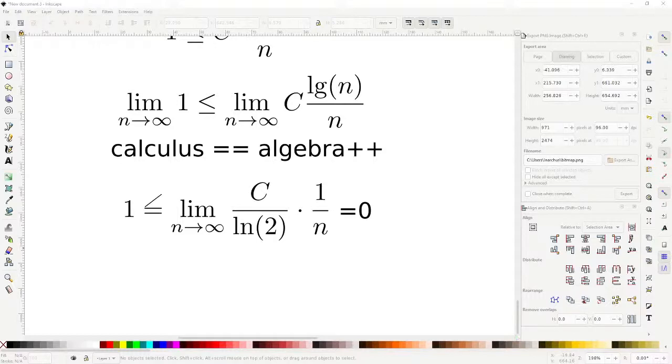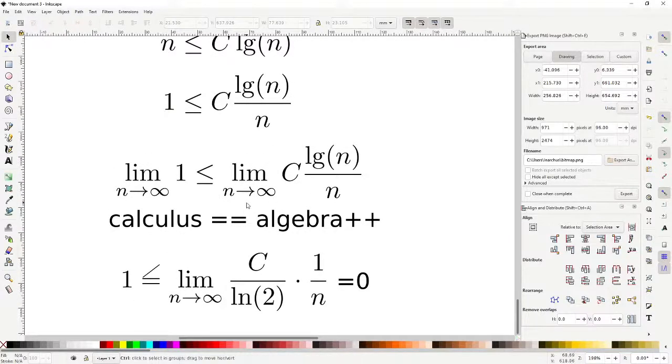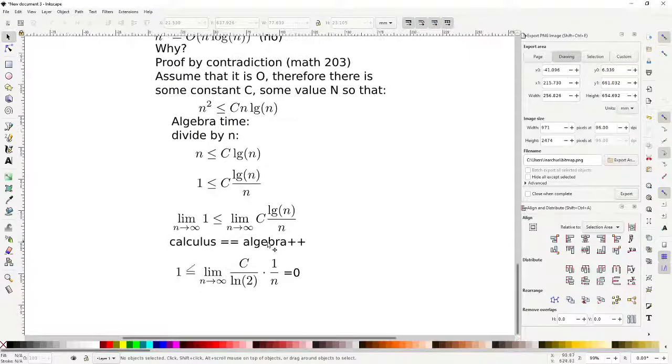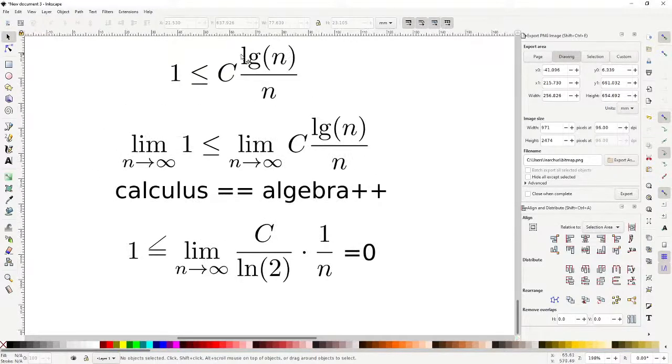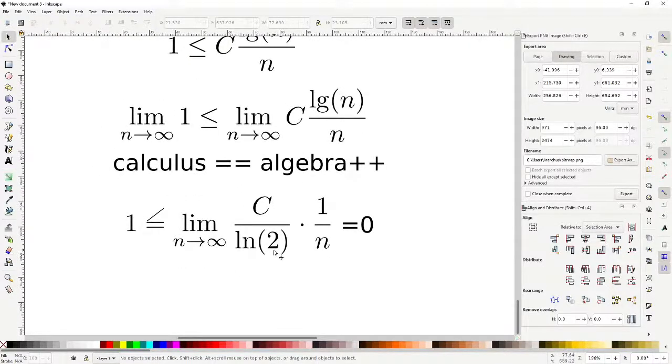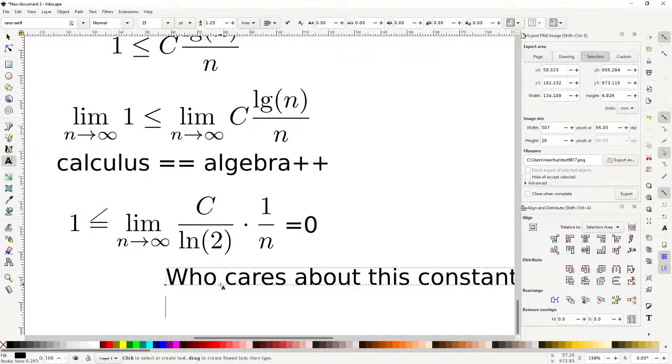We're not doing log base 10, we're doing log base 2 in general, but sure, you could do log base 10 and then have that constant. I'm writing LG, which is log base 2. It really doesn't matter. The whole point is, who cares about this constant? Nobody. And you know why?